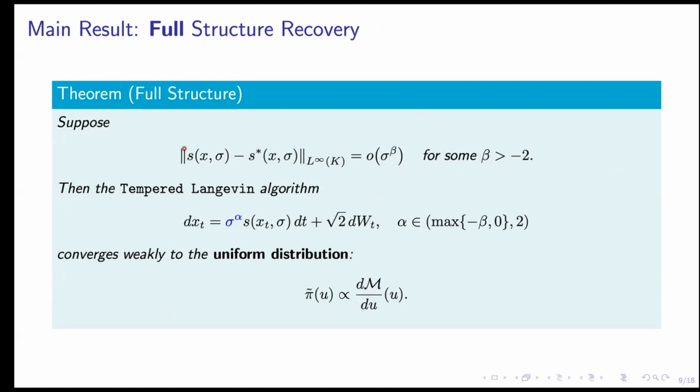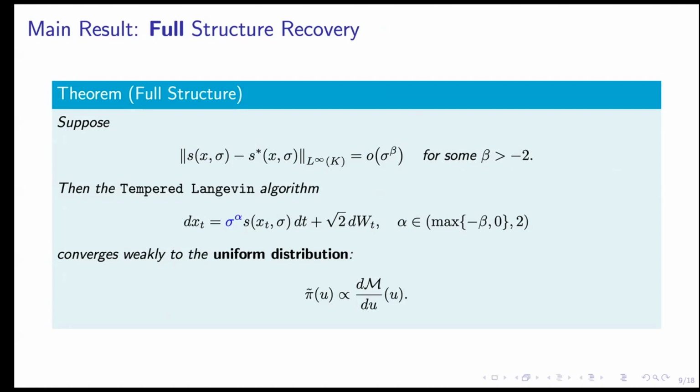Suppose our score differs from the actual score by an error of small o(sigma^beta) for some beta greater than -2. So we are in the regime where the diffusion model can only recover the support, the manifold.